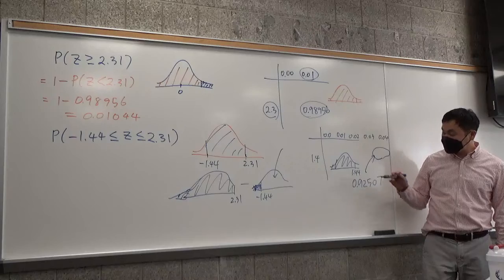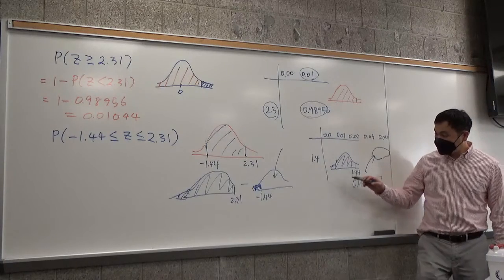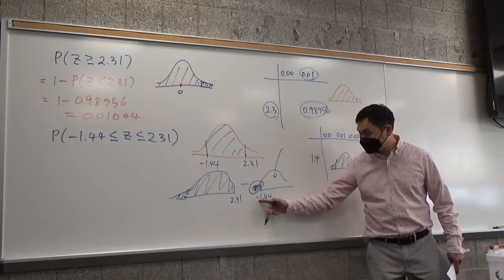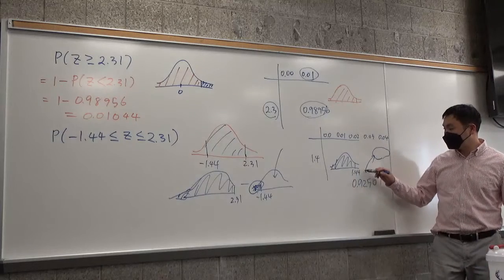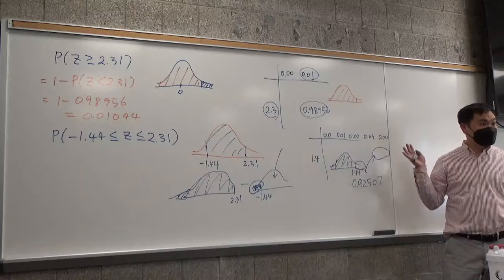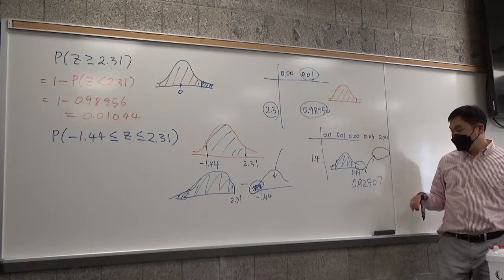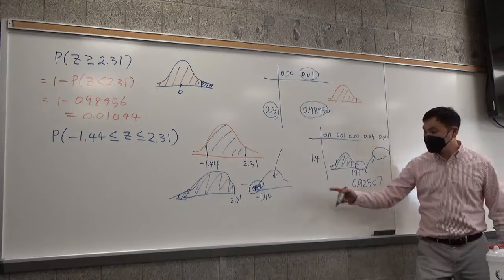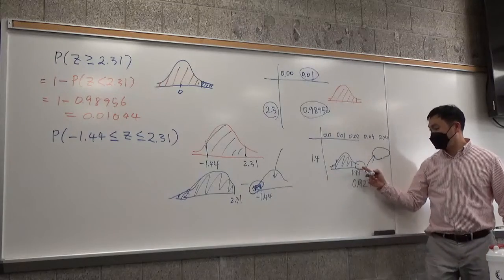Now, once you have that idea, then you can see that what we want, because this is a negative and this is positive, is exactly the same as this one because of symmetry. Okay, so if you know that symmetry, then you can calculate this area by saying that that's the same as this area, but what is this area?